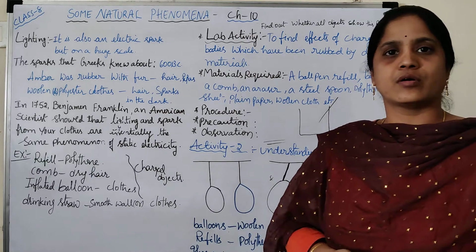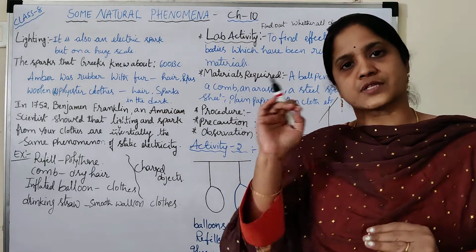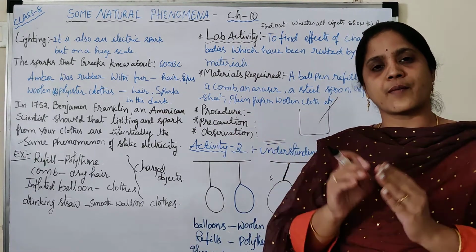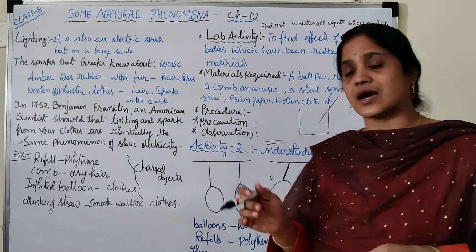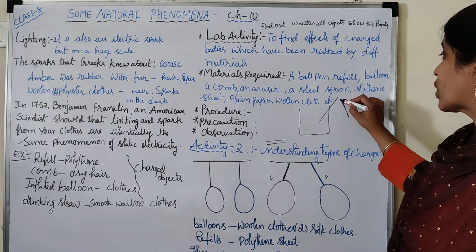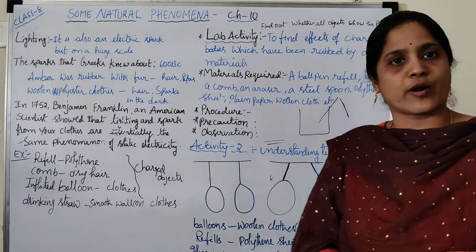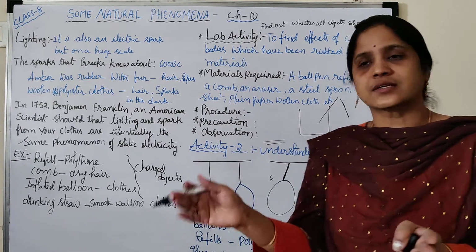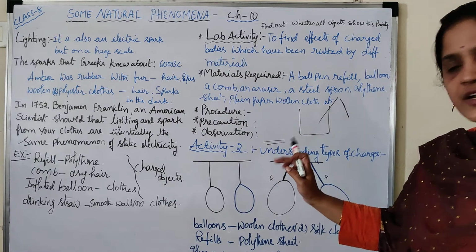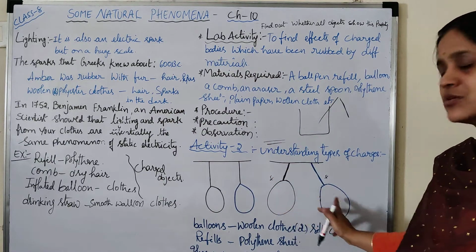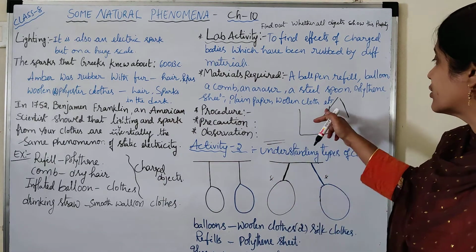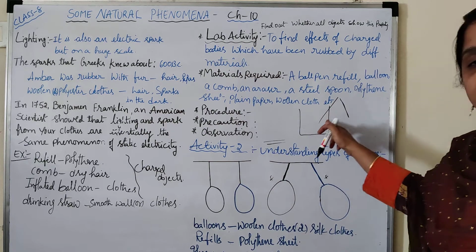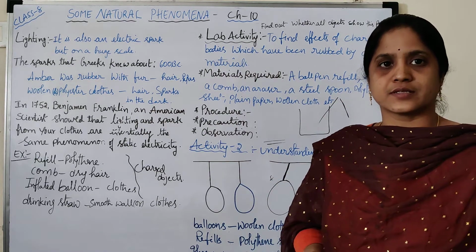Why? Because the two refills are made of the same material and you rubbed them with the same material. Due to that, the two refills acquired the same charge on their bodies. Same charge means you can find repulsion between these two refills, just like you found repulsion between the balloons.